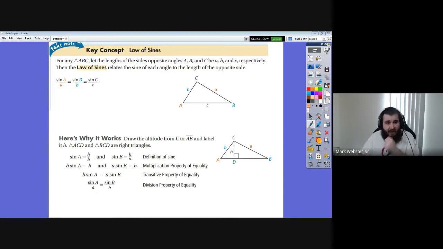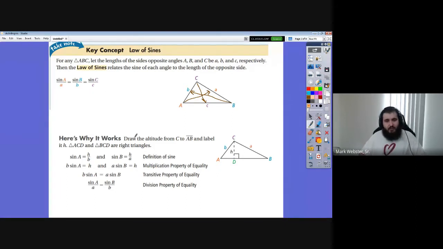The law of sines says that the sine of the angle divided by the opposite side always ends up being in the exact same ratio in the triangle. So if you take the sine of the angle and divide it by the length of the side, for all 3 angles and sides, you're always going to get the exact same thing.